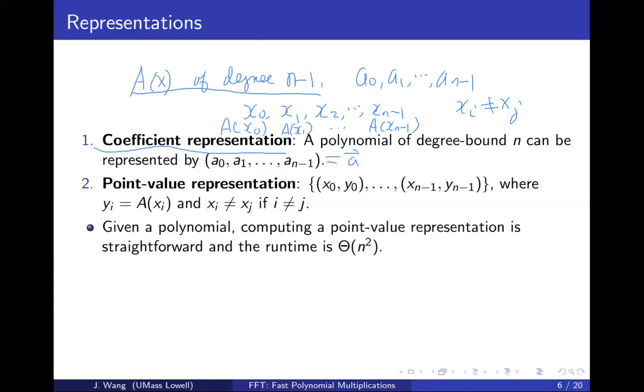We call these y0, y1, yn minus 1. So then what we are getting is this form. So these n distinct points on the x-axis uniquely determine this polynomial A(x). Hence, it is another representation.